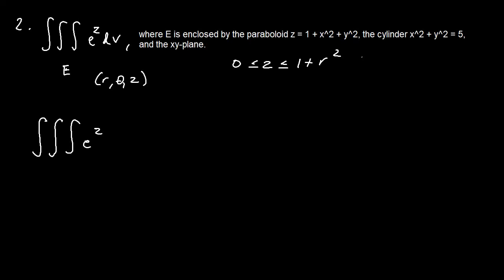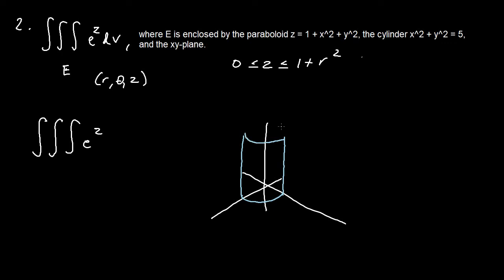So now in order to find r and theta, let's go ahead and graph the cylinder similar to the previous problem. So I draw a three-dimensional coordinate system, drawing out a cylinder here. The cylinder is just going to have z as the axis of the cylinder, the z-axis, and r squared is 5, so the radius is going to be the square root of 5.